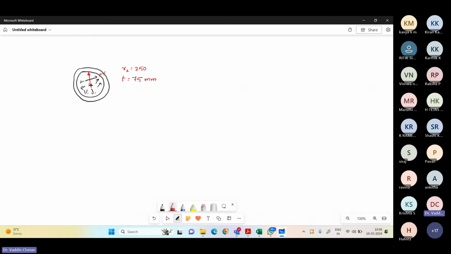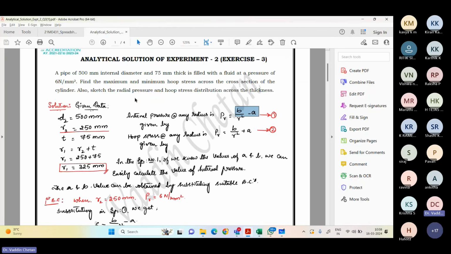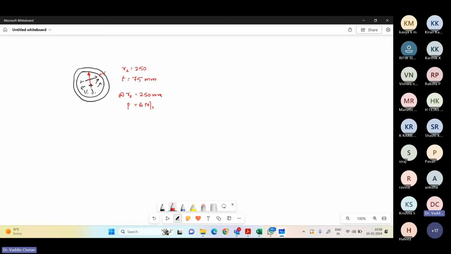So he has given two conditions. The first boundary condition is at R2 equal to 250 mm, the pressure imparted will be 6 Newton per mm square. Similarly, the second boundary condition is at R1 equal to 250 plus 75, that is 325 mm, where P will be 0.